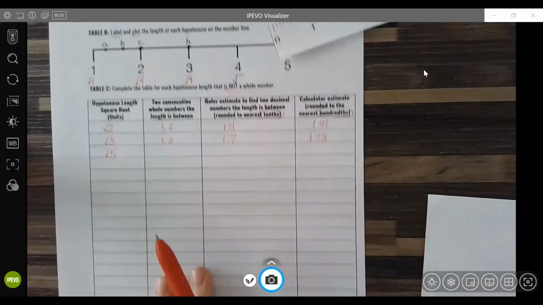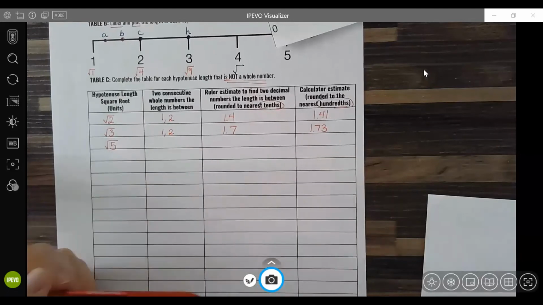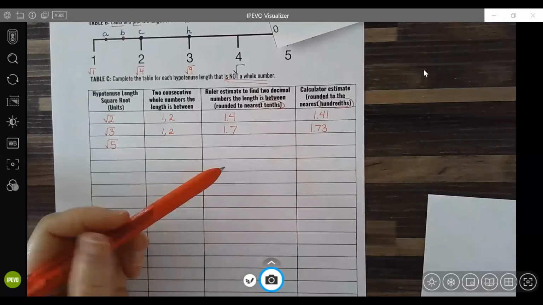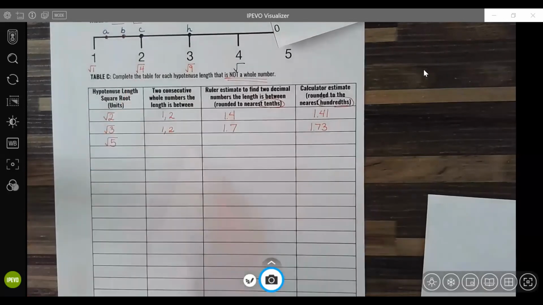And so I want you to think about what two numbers it should fall in between, and make a note. If you're starting to find that your ruler estimate is not falling between the two whole numbers that you know it should, that happens because of human error, right? We are not perfect. As our wheel continues, your measurements might start to be off, your lengths might get a little bit longer than they're supposed to be, and that will continue as you draw your triangles.